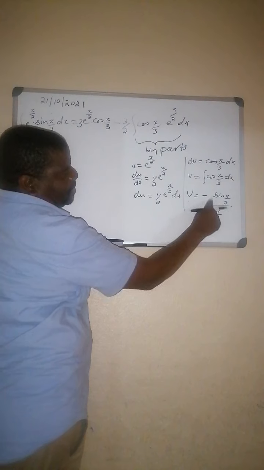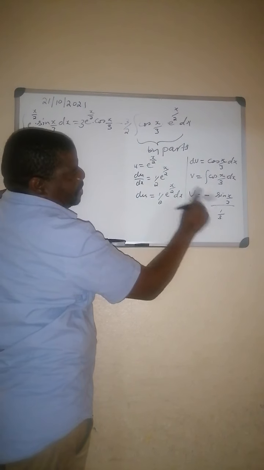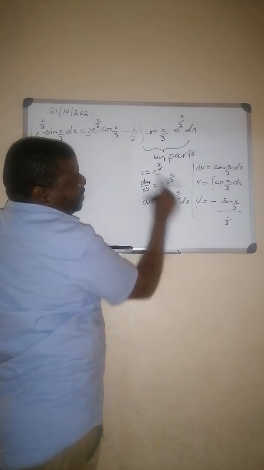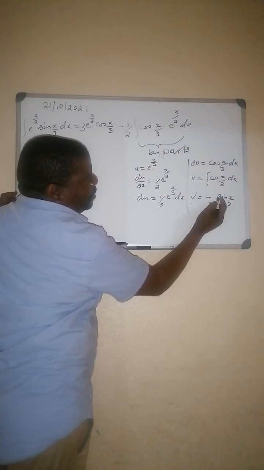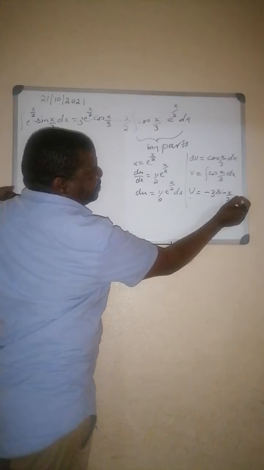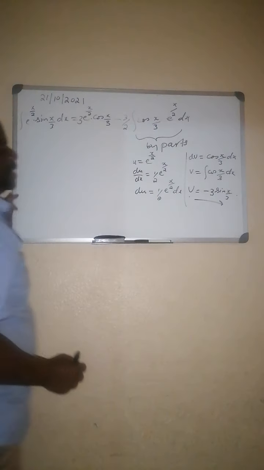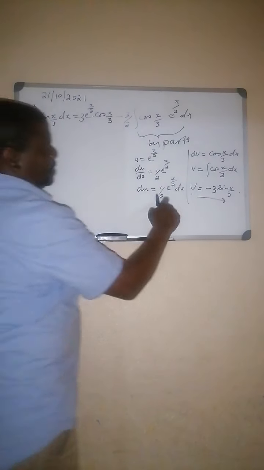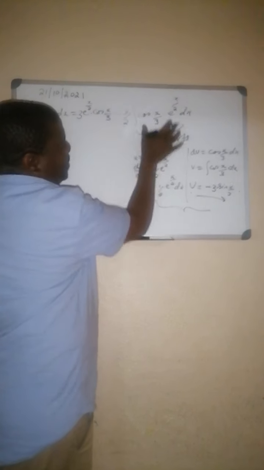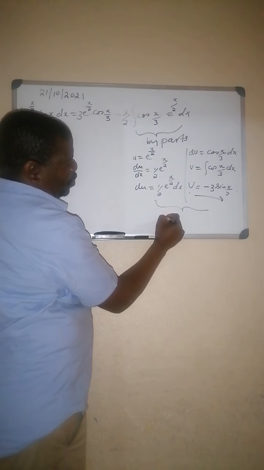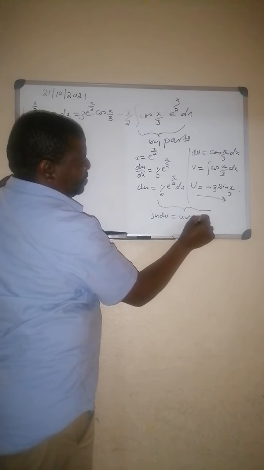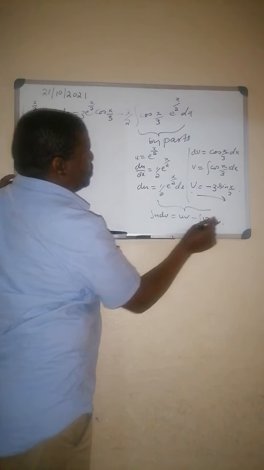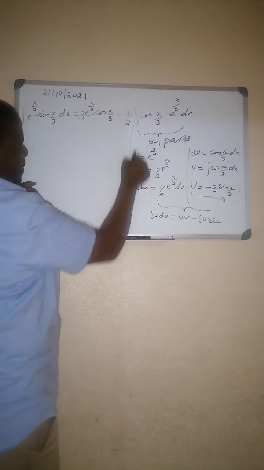But I've explained this part when we were dealing with the first part of the problem, which simplified to a 3. Now your v will be that. Now remember this part here will then be the u dv is uv minus integral v du for that part there.